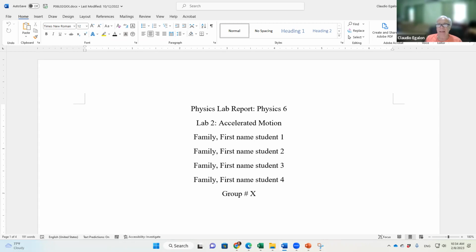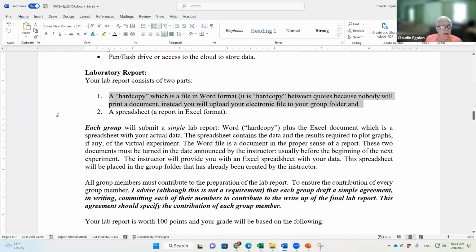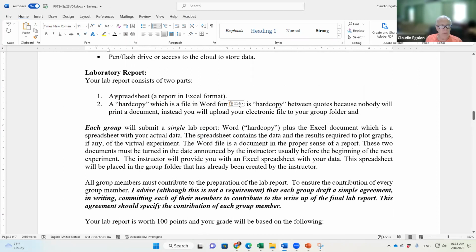So you're going to need a hard copy, but before we get to the hard copy, let's talk about the spreadsheet. I'm going to change the order here because the spreadsheet comes before the hard copy. Okay, a spreadsheet, a report in Excel format, and a hard copy, which is a file in Microsoft Word.